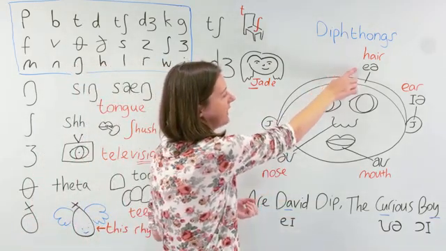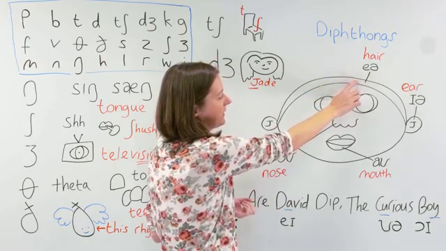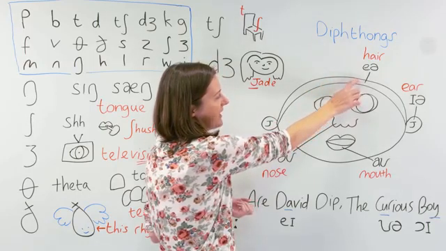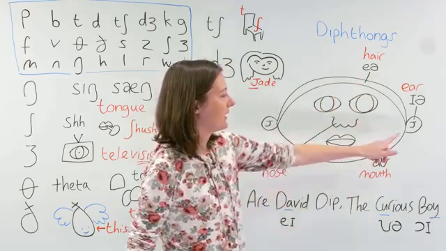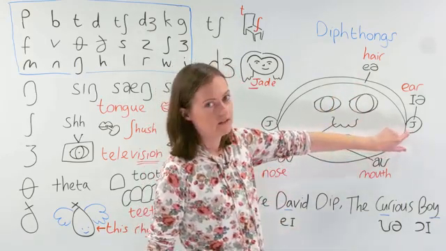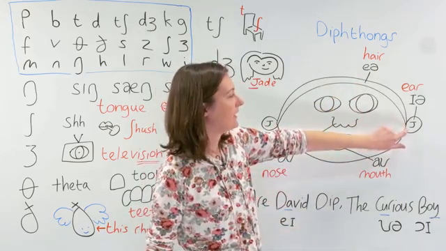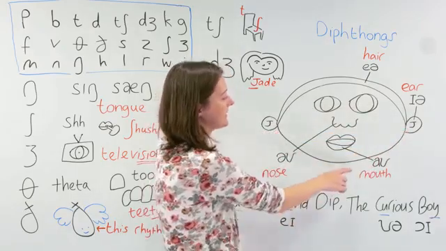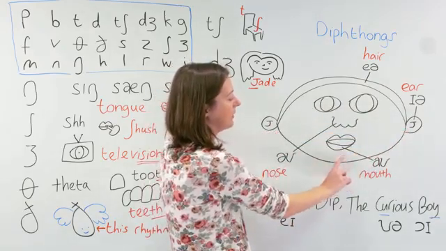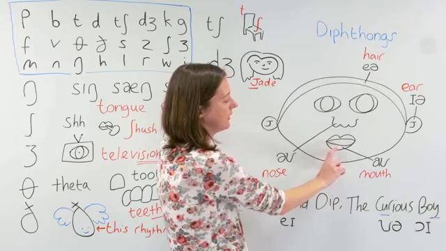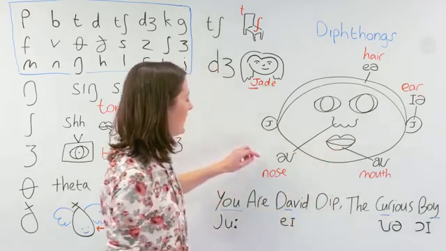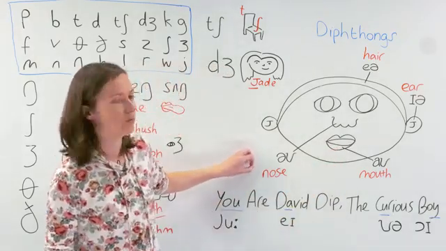Here's his hair, air. That's David's hair, air. Here's David's ear, ear. Here's David's mouth, ow. And here's David's nose, O.